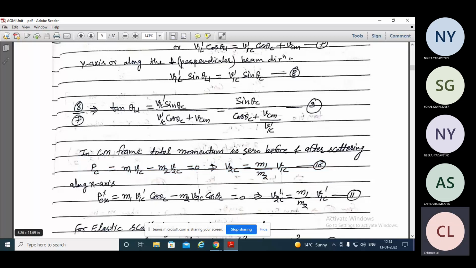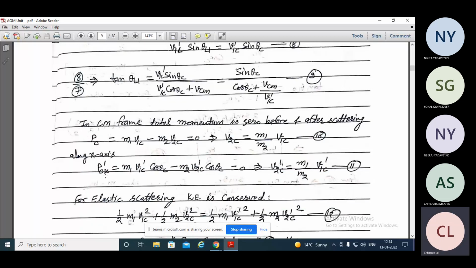Exactly the same thing we did here along the x-axis. We can represent PCx, because this is again momentum. PCx equals m1 v1C' cos theta C, because after sketching we can say the velocities are in a plane.